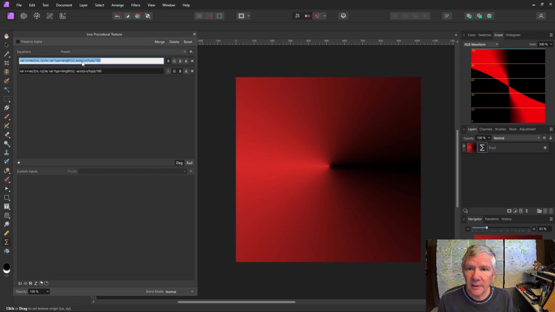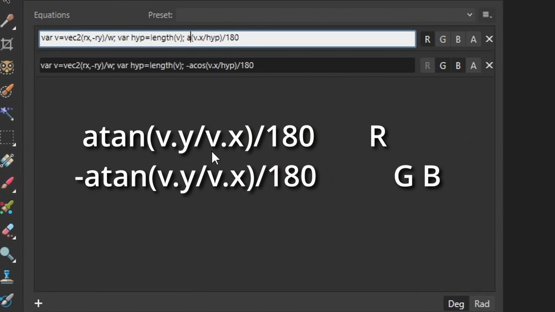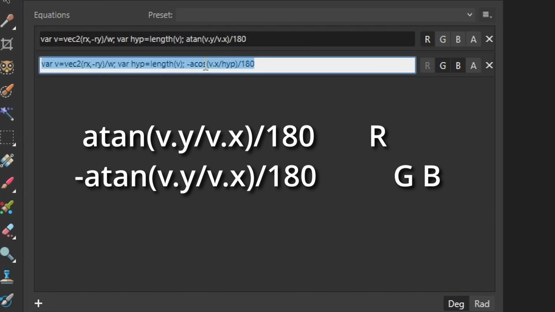Okay, next one I'm going to look at is the tangent. For that one I want to use v dot y over v dot x. And tangent over here to the negative side, it's v dot y over v dot x.